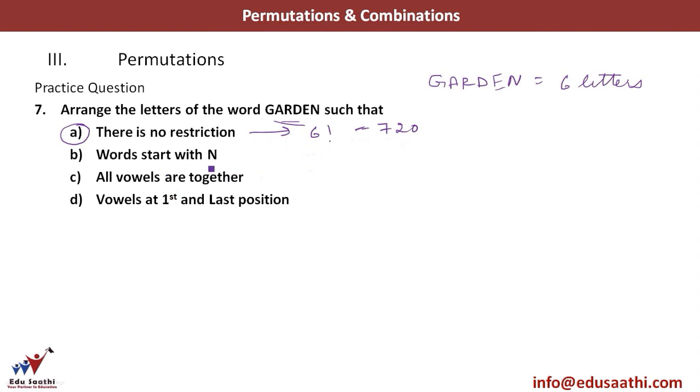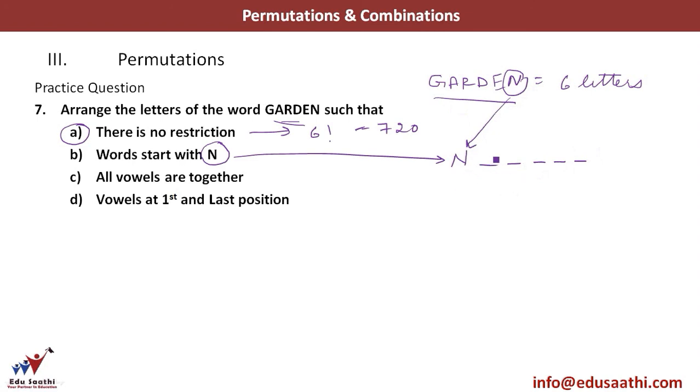How many words start with n? Whenever you have this kind of question that the word starts with n, I will assume that the first letter has already been chosen, and that is n. So now I have 5 more spaces to fill here. Because we had 6 letters for garden, this n I already put here.